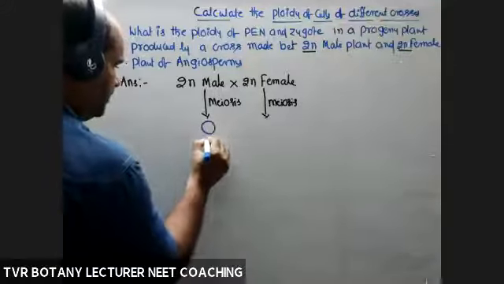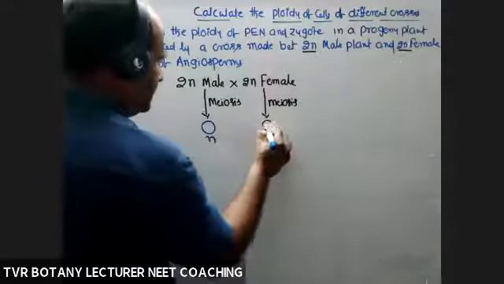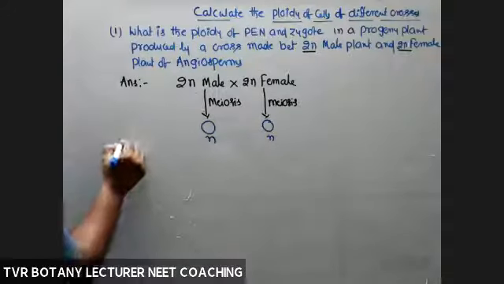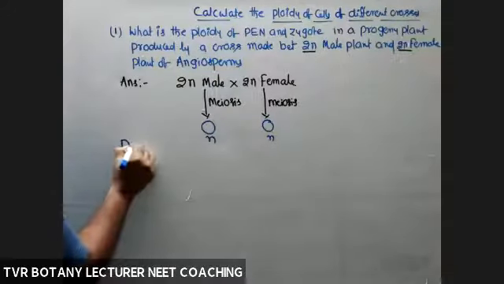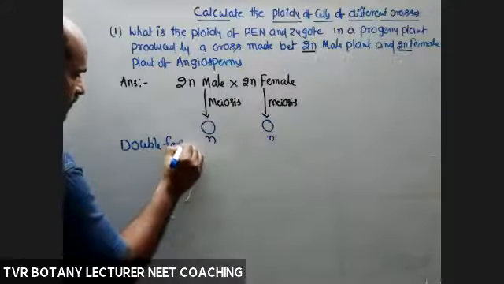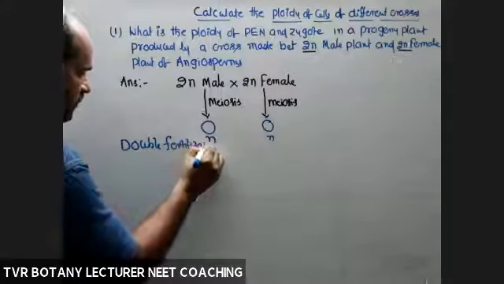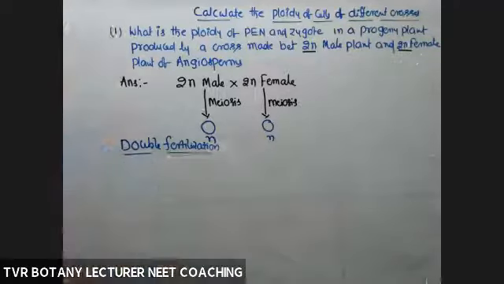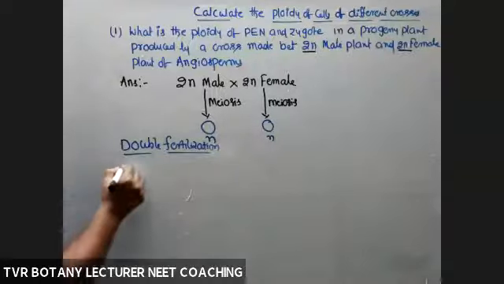So what about this one? Haploid N, this one also N. So how to decide the ploidy of both the things? Go back to double fertilization in flowering plants.